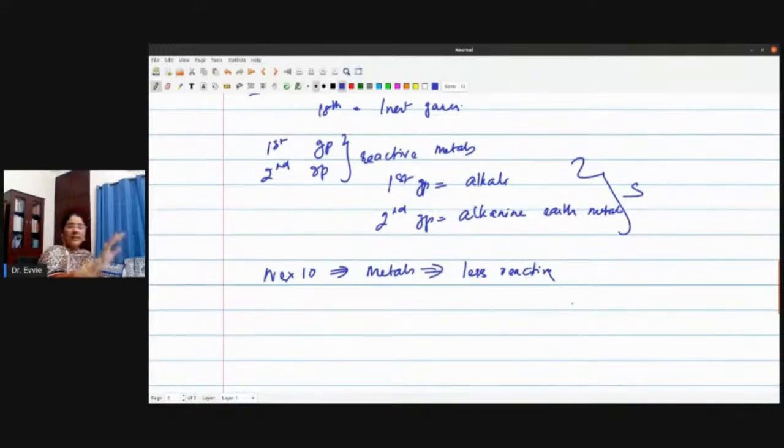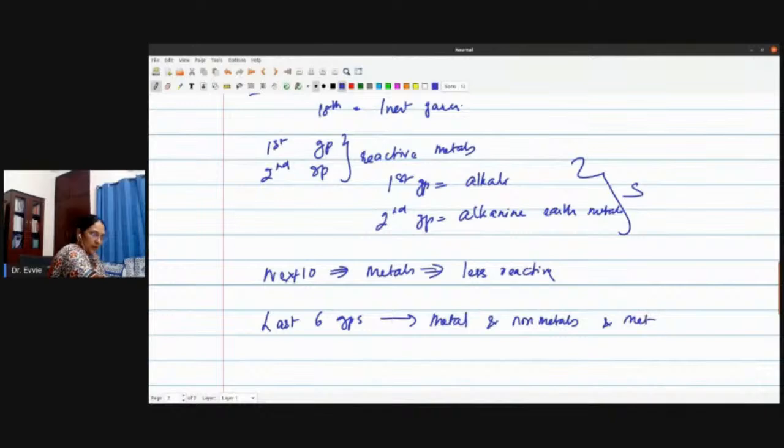The last 6 groups have some speciality. They have metals, non-metals, and metalloids. I think all this little introduction you would have studied in 9th or 10th standard.